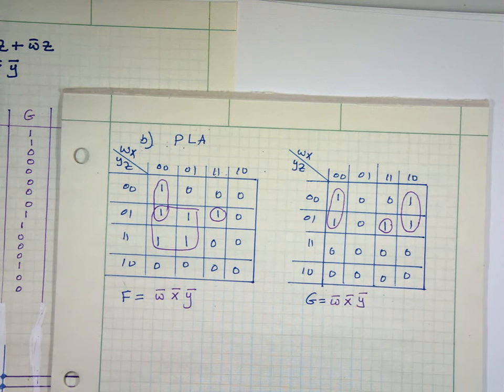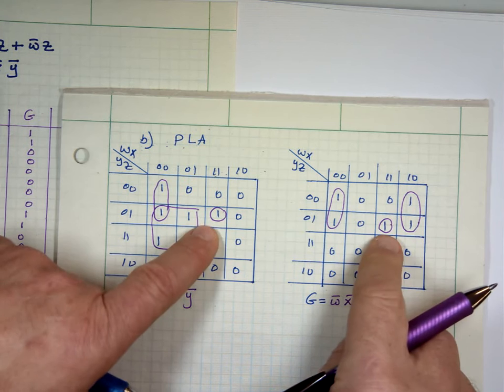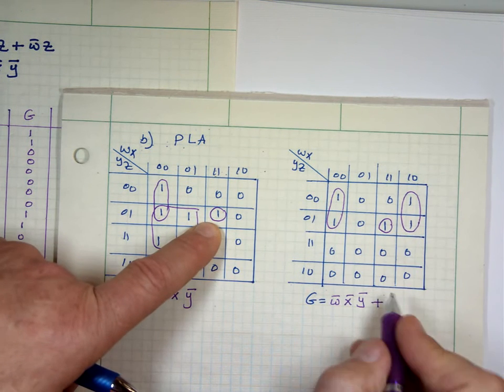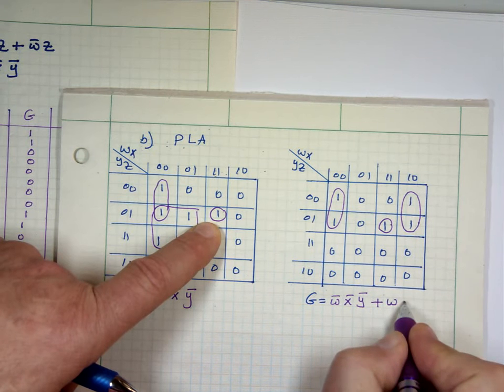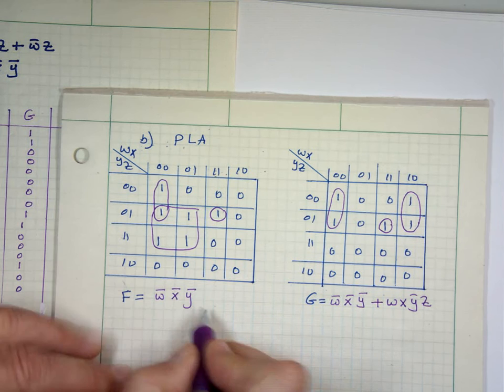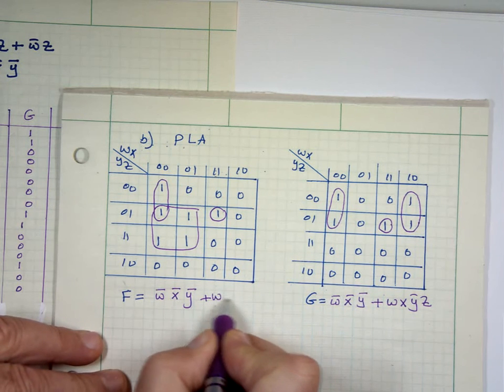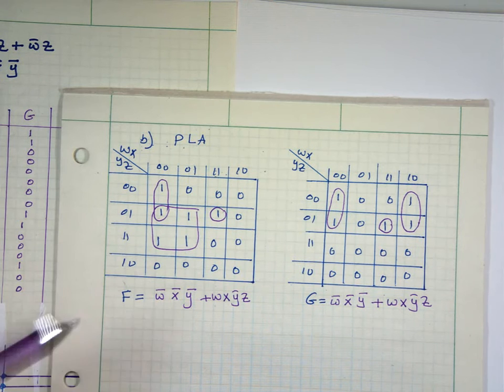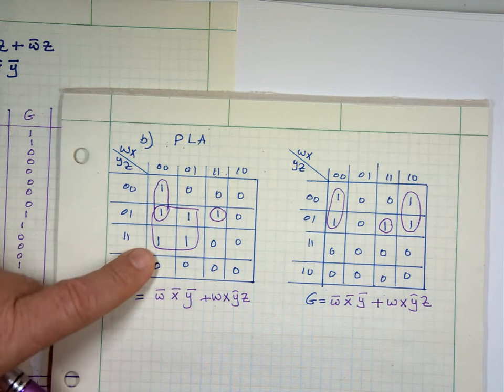The other one that's common to both of them is this one. I'll take it by itself. And that'll be what? WX, Y bar, Z. Now this side has one more here, and that's what?